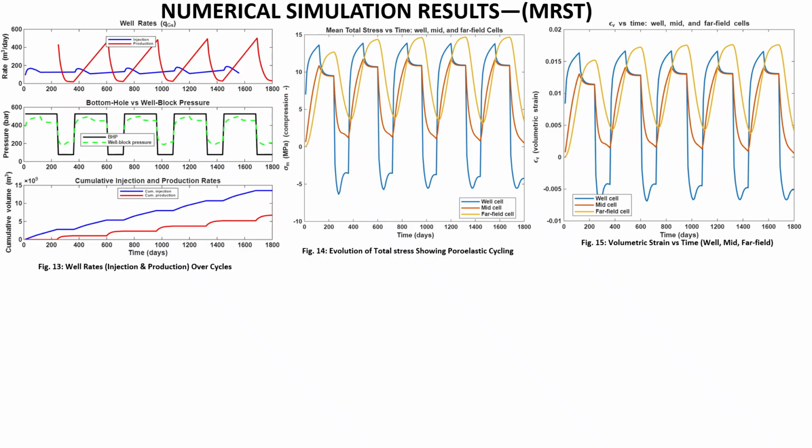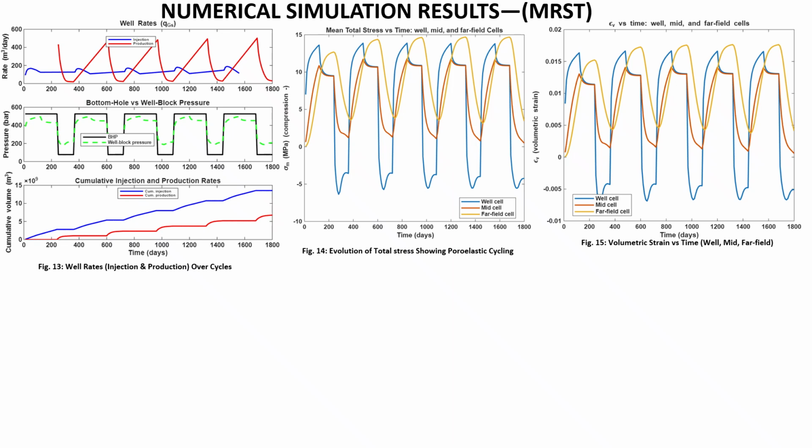During shut-in, the volumetric strain collapses into the negative values, not quite closely, but it also shows us what we saw in the stresses. And during production, we see the compaction deepens further as the pressure drops. So the well cell therefore undergoes the strongest dilation and compaction cycles.